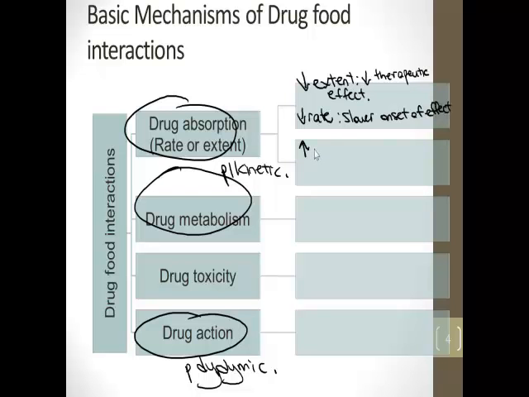If a patient is being prescribed some HIV medication, and you encourage that patient to take some high caloric meals, then that increases the extent of absorption. And if you increase the extent of absorption, that increases the therapeutic effect of the drug.